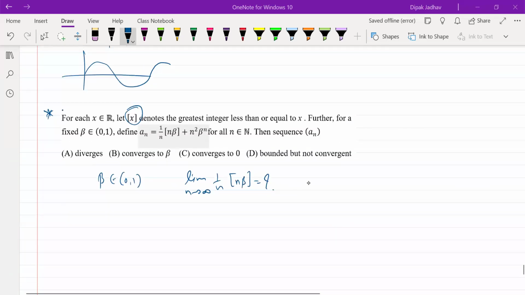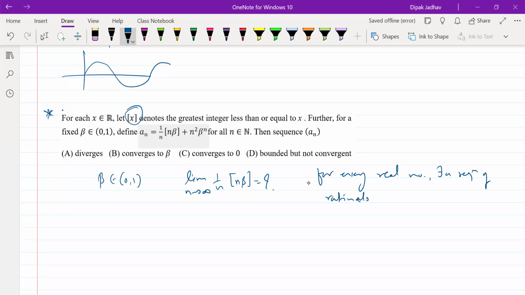We do say a statement in real analysis: for every real number, there exists a sequence of rationals converging to that real number. Do you know this statement? This is also called the density of rationals. Rational numbers are dense in the set of real numbers.